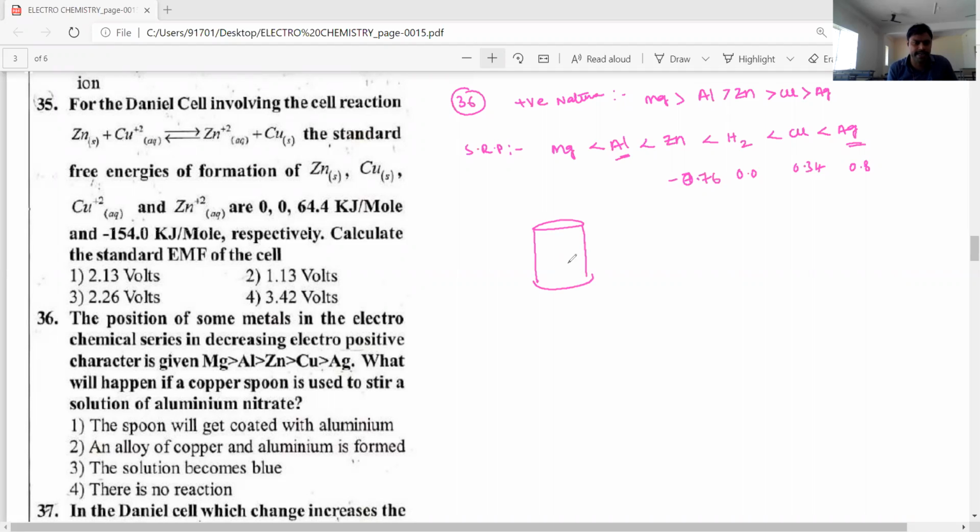In the beaker, silver nitrate solution is present, AgNO3. In the silver nitrate, if they dip a copper spoon, copper metal, what will happen? That is what they asked. See here, we know that these are above hydrogen in the electrochemical series.